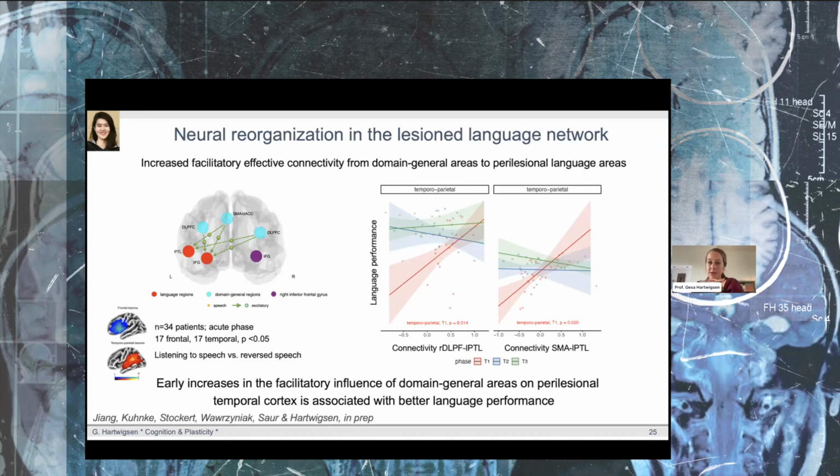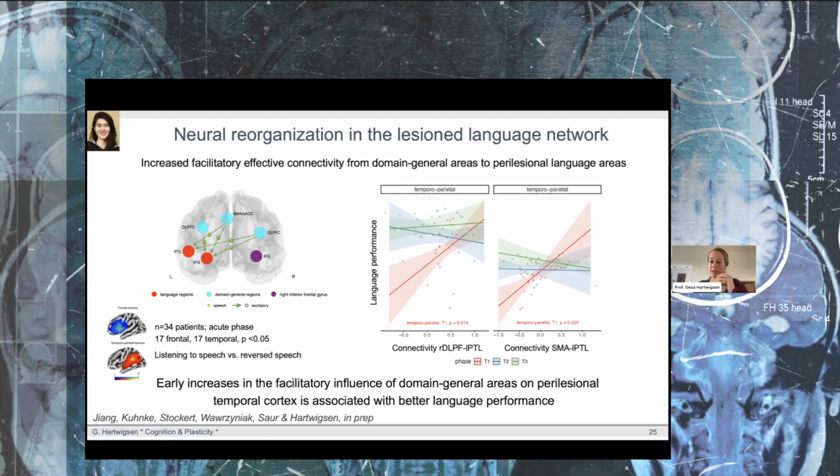And I think this is very interesting because it nicely complements our previous studies where we also showed a relatively early increase in task-related activity. Here we can show that the increase in task-related connectivity may even play a role earlier, directly in the acute phase after stroke.